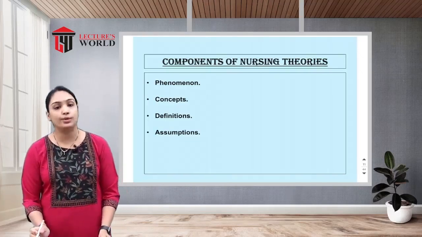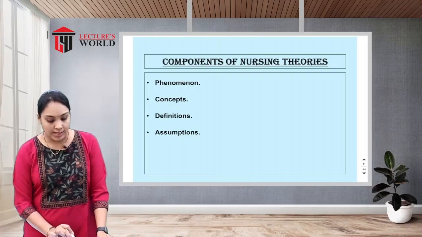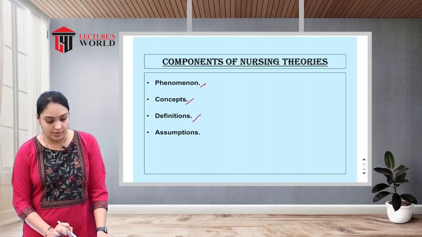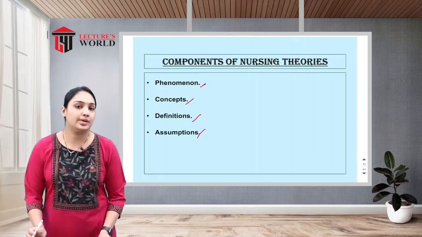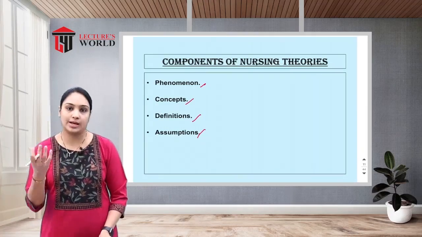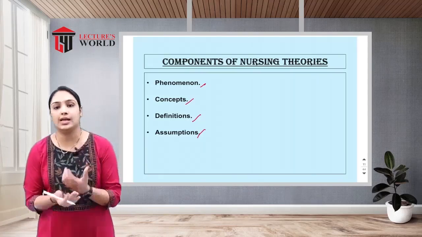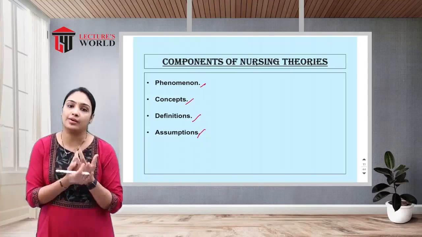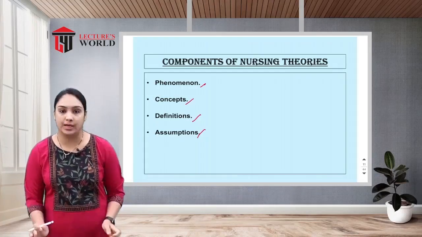Mainly there are four components of nursing theories: phenomenon, concepts, definitions and assumptions. Phenomenon we have already discussed. Concepts are thoughts and ideas that we perceive in our mind. Definition is a statement that presents the meaning of any word, phrase or term. Assumptions means beliefs.